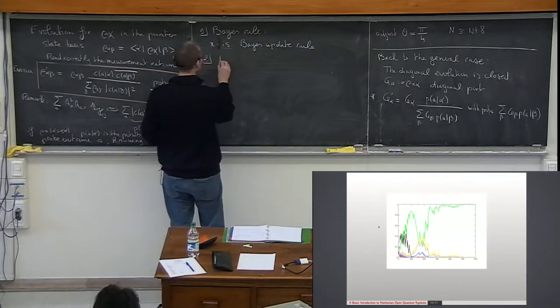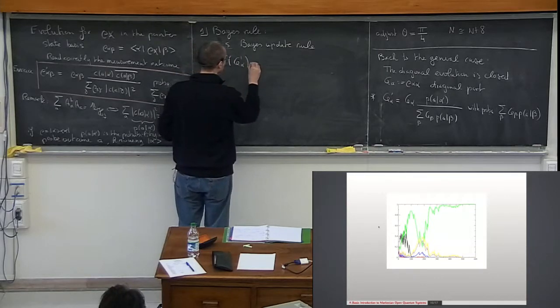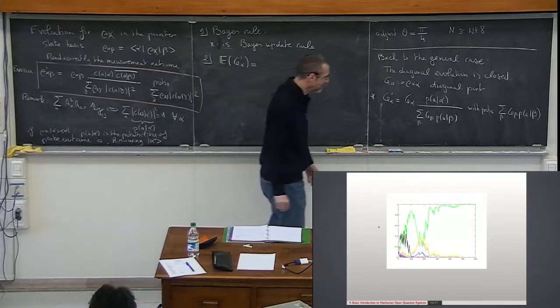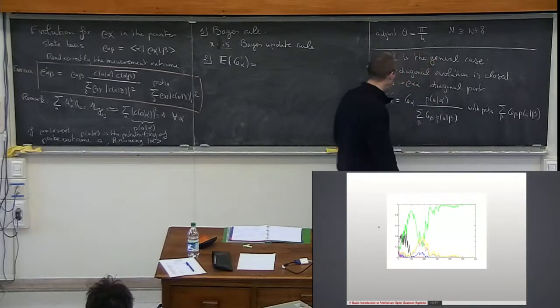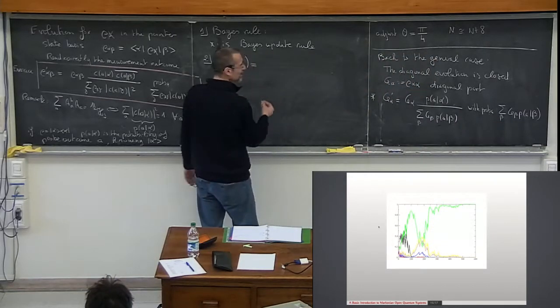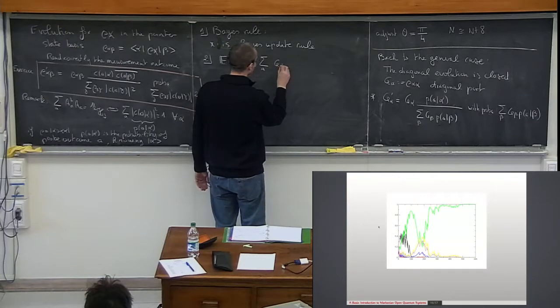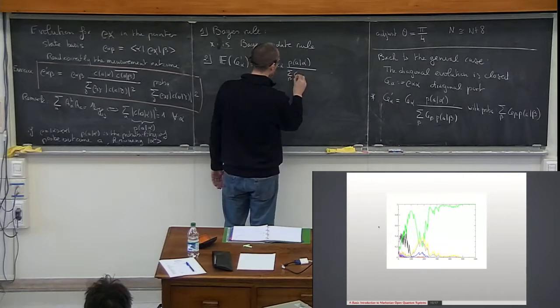Let me compute the expectation of Q prime alpha. Again, this is one of the main messages of the lectures: denominators cancel with probabilities, and let's do the computation in full. This is the sum over A of Q alpha, P of A given alpha, divided by the sum over beta of Q beta, P of A given beta.